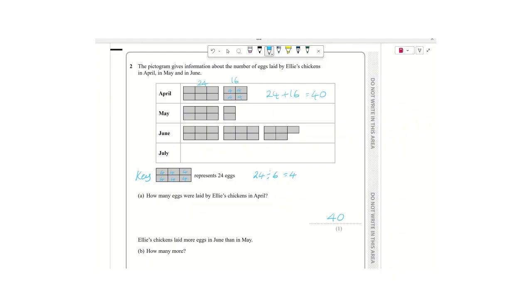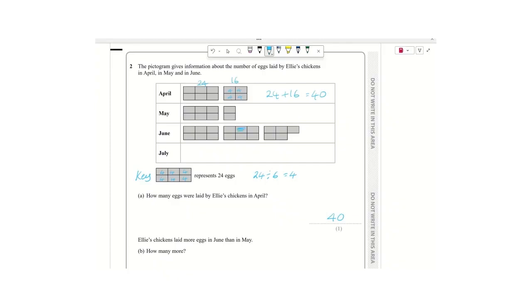Part B then says Ellie's chickens laid more eggs in June than in May. How many more? You can either actually work out how many eggs they laid in May, how many eggs they laid in June, and the difference, or you can just look at the picture first of all to see what the difference is.